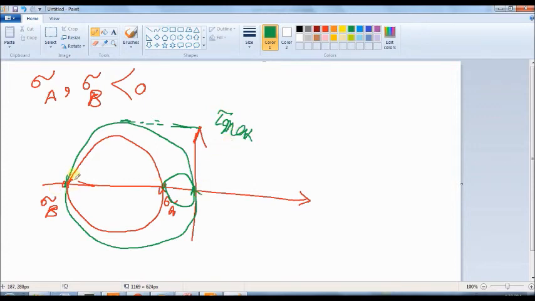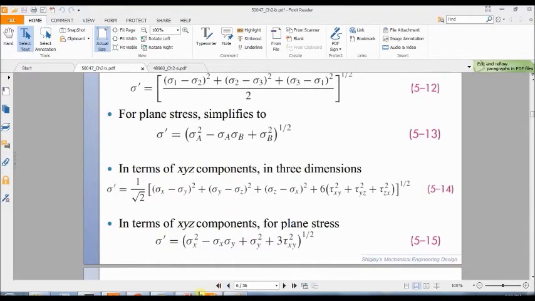So let's say here in this case sigma B has the maximum absolute value, minus 0 to find this diameter, divide by 2. So this is the maximum shear stress. Let's go back to our problem.